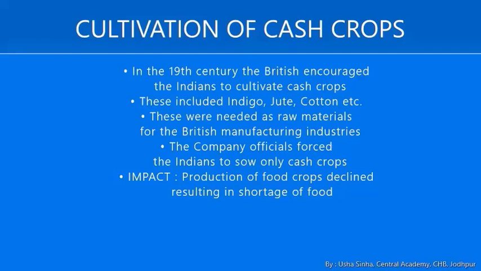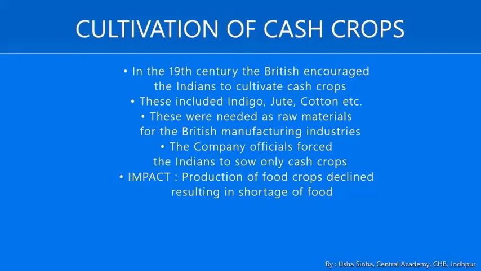These were needed as raw materials for the British manufacturing industries. The company officials forced the Indians to sow only cash crops. As a result, production of food crops declined, resulting in shortage of food.